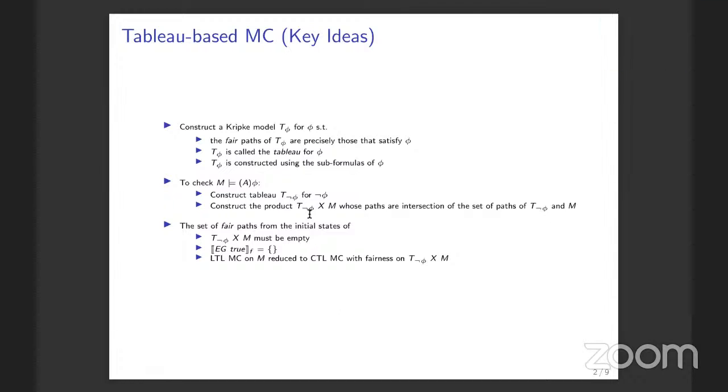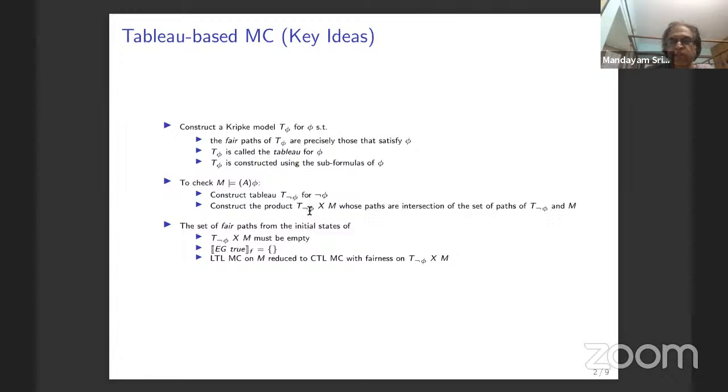So first, the fairness condition is defined on this T. It's the fair paths on T5, and on the product machine, as we'll see, the fairness condition imposed on T is carried over to the product as well.